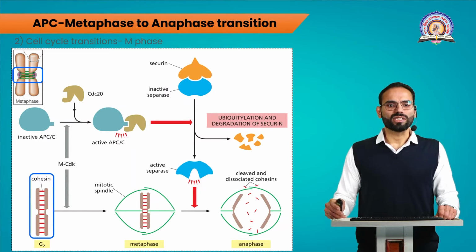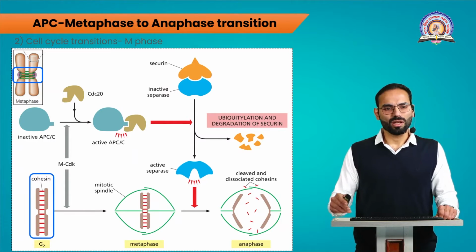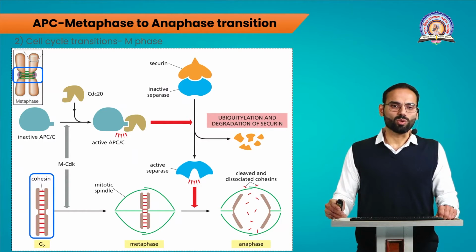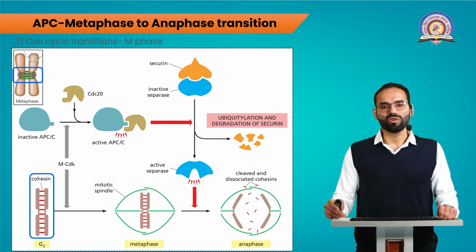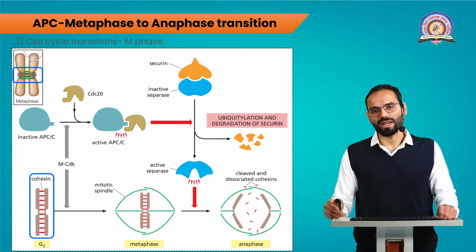Normally at the onset of mitosis, you can see the metaphase chromosomes which are bound at the centromeric position by these cohesin molecules. This cohesin has to be broken down in order to segregate the sister chromatids, which happens during the metaphase to anaphase transition.